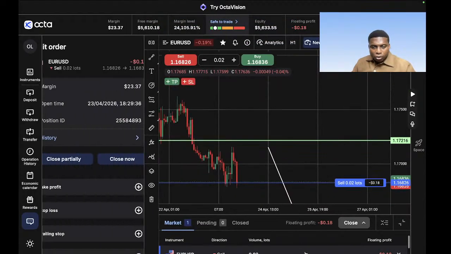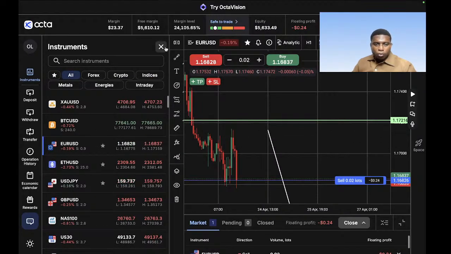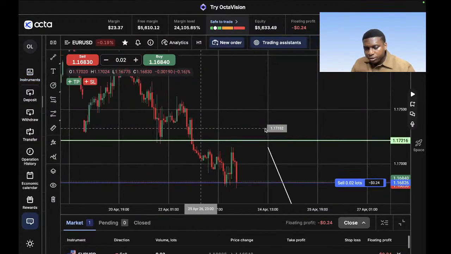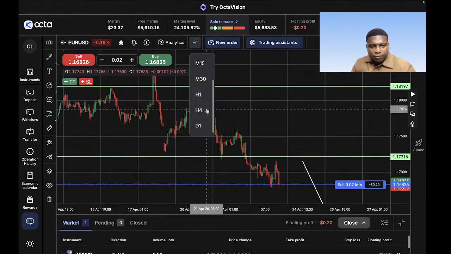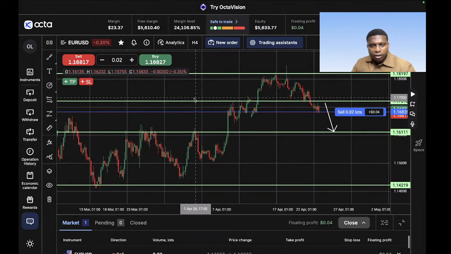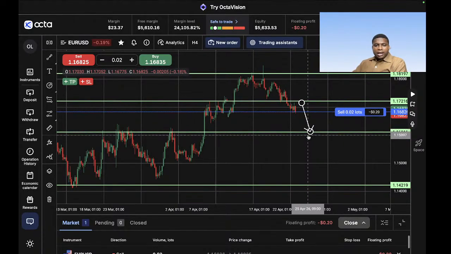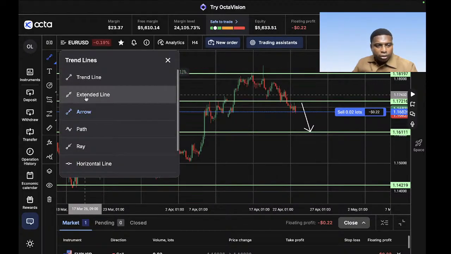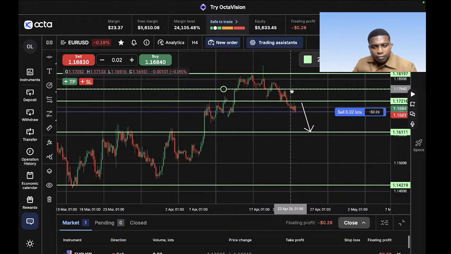So let's set up our take profit and our stop loss. Where should our take profit and stop loss be? So I'm going to do it like this. I'm going to put my take profit here, and my stop loss will be right here. Okay, good.